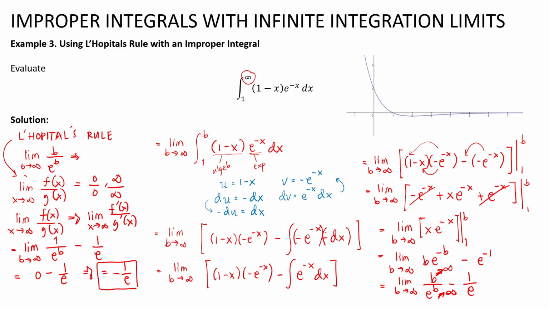And again, this is converging because the value of e is constant. So just try to review L'Hopital's rule. If you have conditions for your limits giving you 0 over 0, infinity over infinity, or negative infinity over negative infinity, you're going to use L'Hopital's rule.